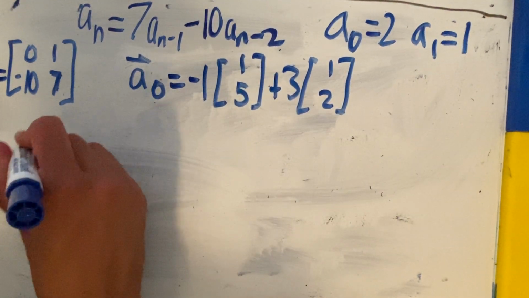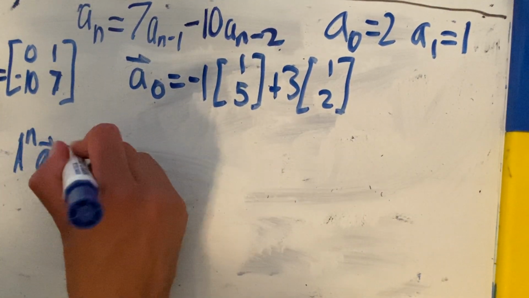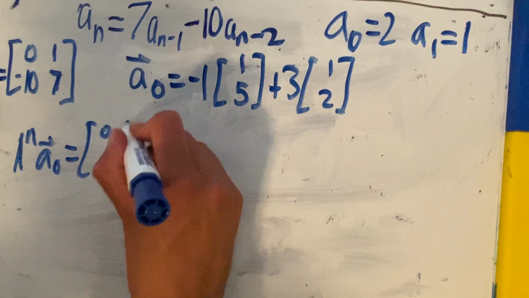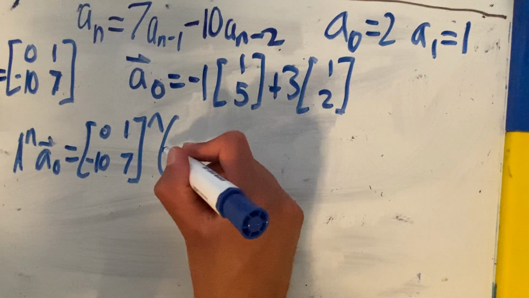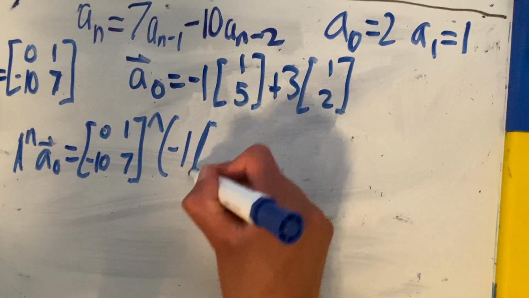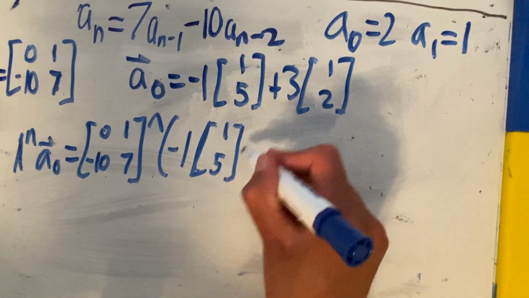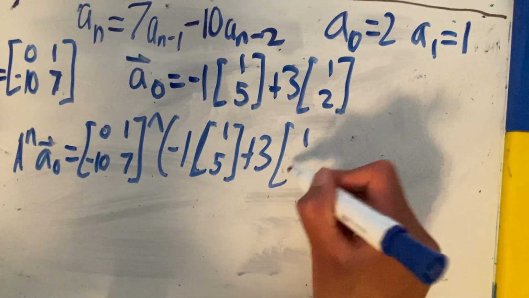So A to the n times A0 equals 0, 1, minus 10, 7 to the nth power times minus 1 times 1, 5 plus 3 times 1, 2.